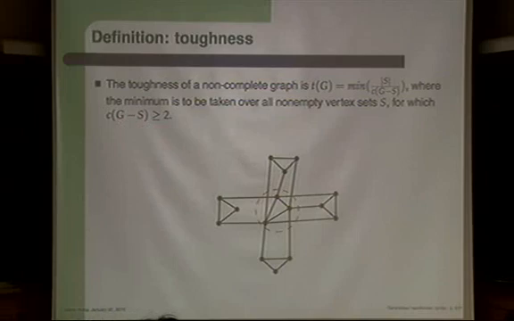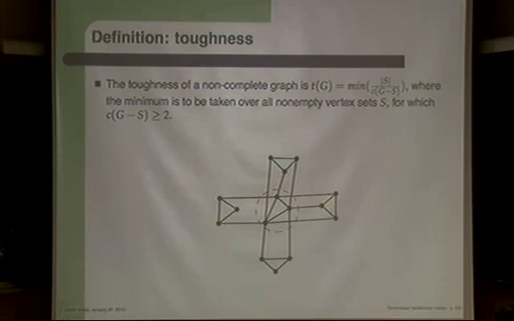In this example, the minimum you get is when you remove these 3 vertices, you get 4 components, so the toughness will be 3/4. And I didn't mention, if the graph is complete, then the toughness is infinity.